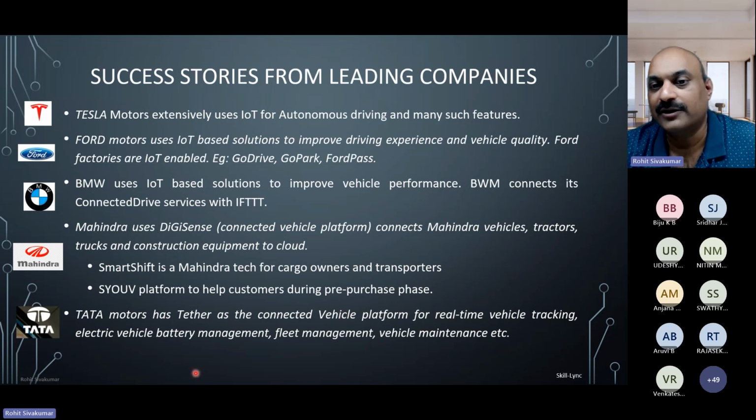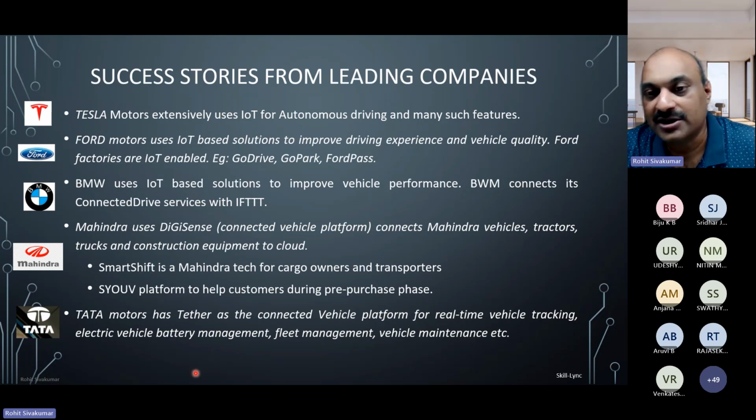Tata Motors has a platform by the name Tether. It's a connected vehicle platform for tracking real-time movement of their vehicles, finding out all the EV charging stations available en route, monitoring the EV vehicle's battery parameters, making sure it's not getting too hot, it's getting charged properly.